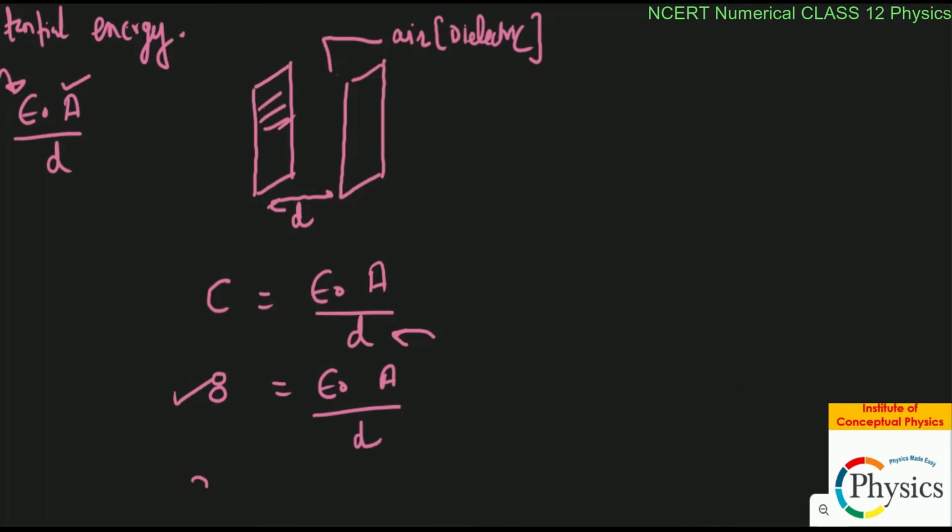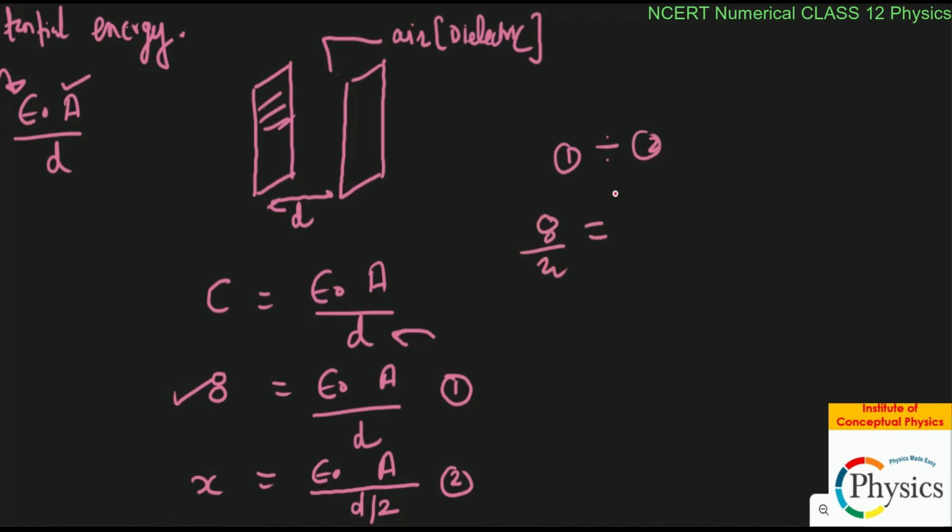So let the new value be x, and now the medium has not been changed. The permittivity remains the same, A, and now the distance between them is reduced to half, right? So let me do, this is equation number 1, this is equation number 2, dividing 1 by 2. So 8 by x is equal to epsilon naught A by D, epsilon naught A by D by 2.